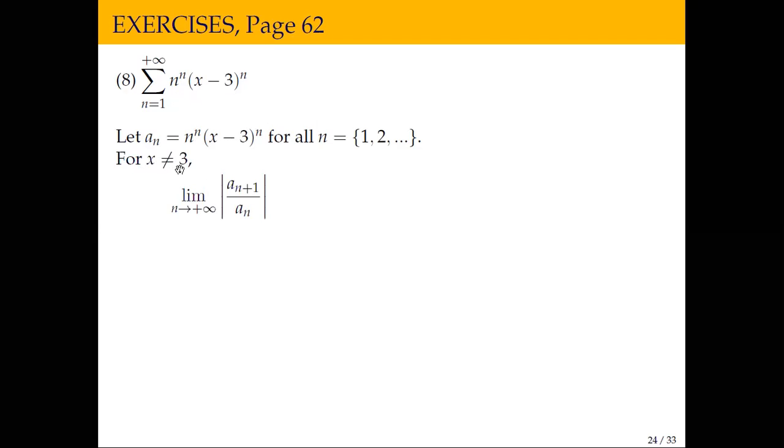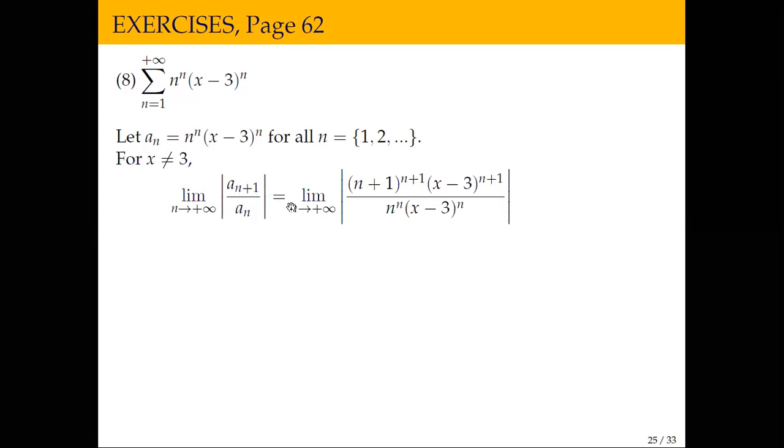For all x that is different from the center, we take the limit of this one as n goes to positive infinity. Replacing values for a sub n plus 1 and a sub n, we get the following. So x minus 3 raised to n plus 1 over x minus 3 raised to n is just x minus 3.